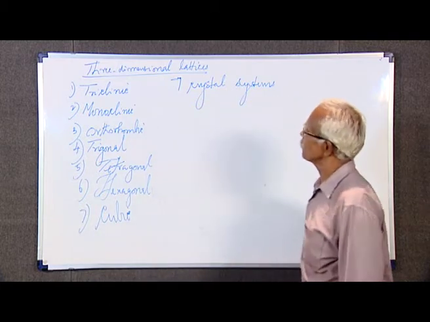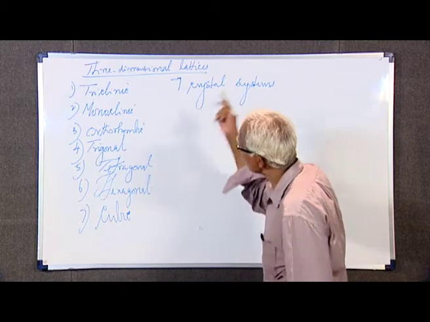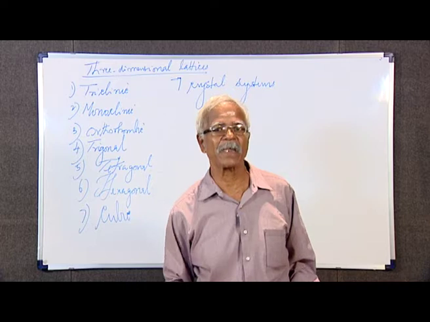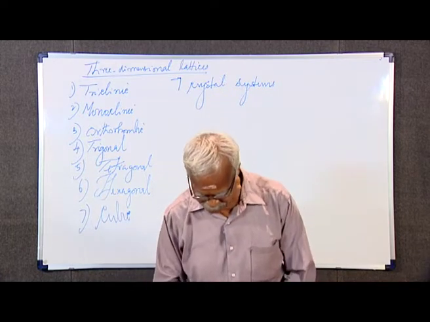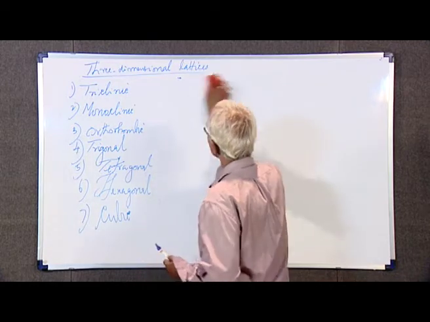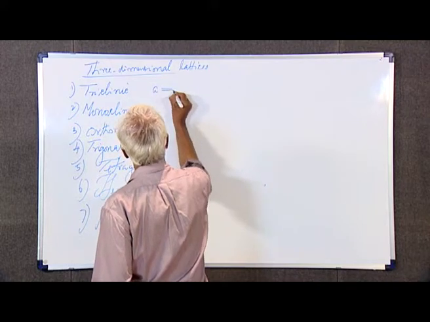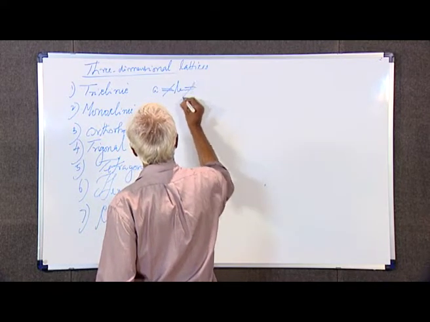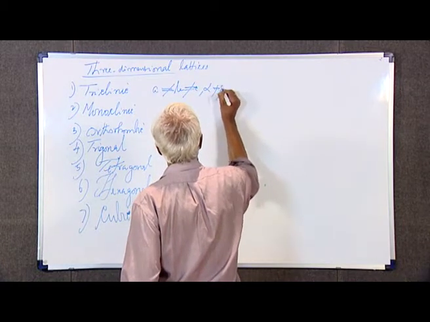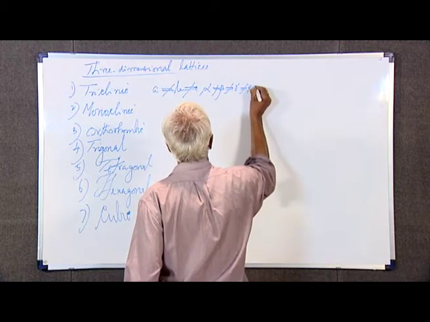Now, I will specify the geometry of this, then immediately you can correlate with the geometry of the 2 dimensional lattices, which we have already seen. Shall I do it now? See, I will write here A different from B, different from C, alpha different from beta, different from gamma, different from 90 degrees.